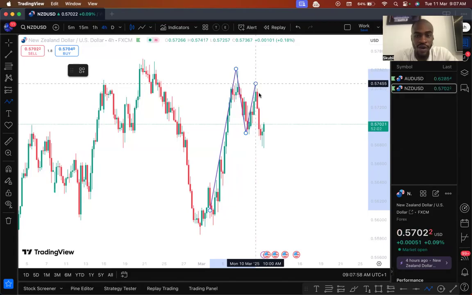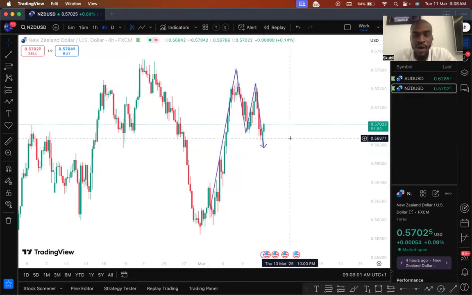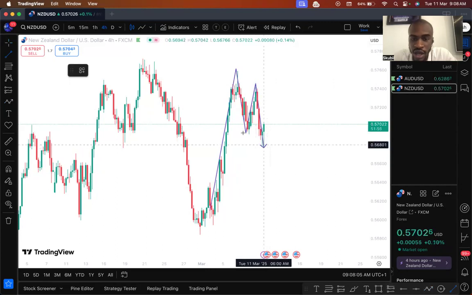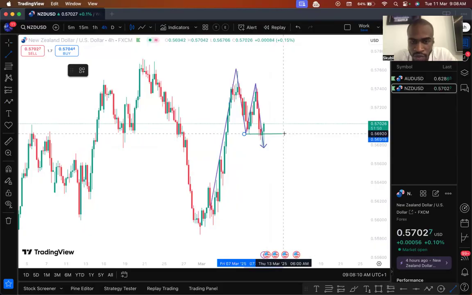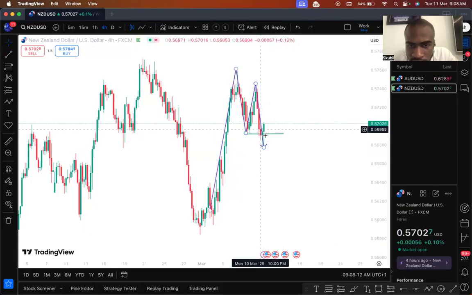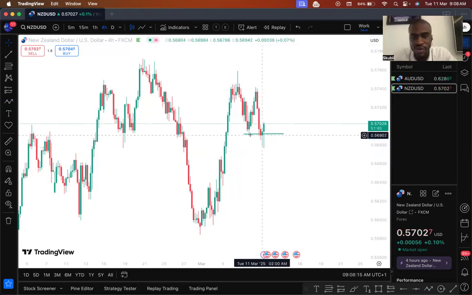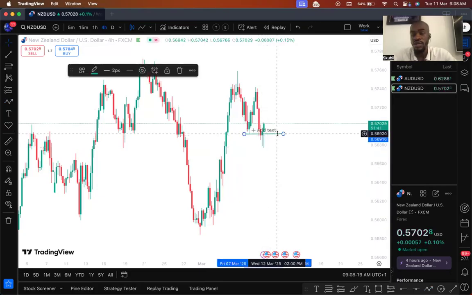We created equal highs, and then price created this low. What confirms this market is already shifting is if this low broke below this one. If I draw a line, did we have any candlestick bodies close below? Yes, these two candlesticks here. Their bodies actually close below this low. So this one is shifting towards the downside.